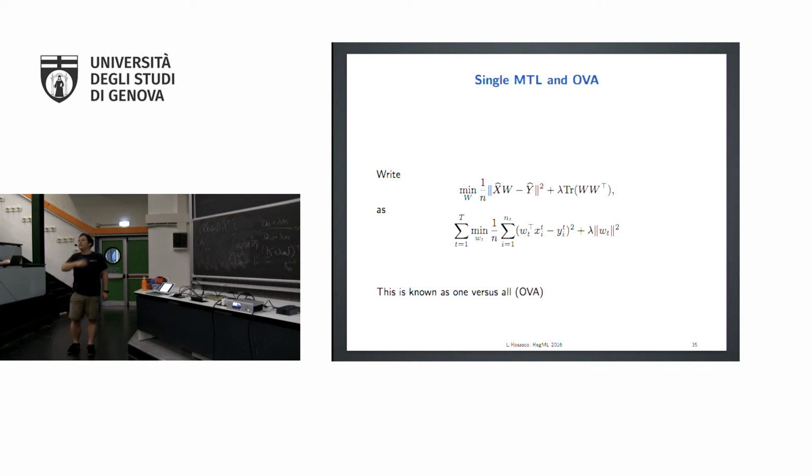The y hat here is exactly the concatenation of the output vectors. Only here, these are special vectors because each of them is going to have just one value different from 0. And here, there is no A. There is just identity. So this is the single task. Everything is separated from everything else.